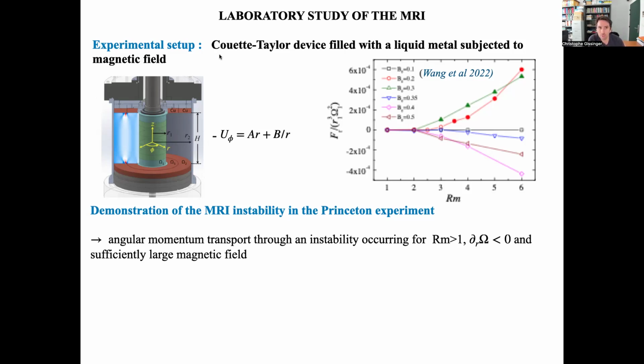If you remember your courses on the Couette profile, you know that this profile looks like that between two rotating cylinders. So it's different from a Keplerian rotation. It's not the square root law of Keplerian rotation. But it's okay because you can play with the rotation of the cylinders. You can set up the good rotation ratio so the profile is somehow close to the Keplerian rotation.